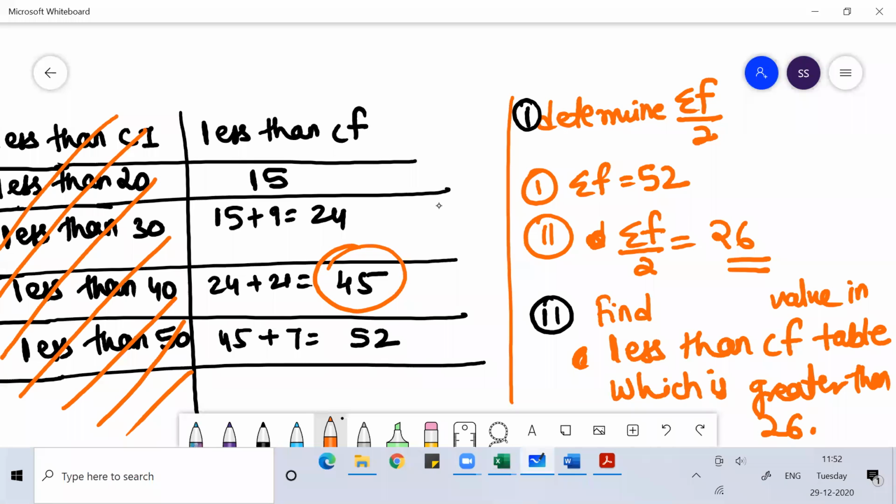So the first thing you got is the sum of f, which is 52. The sum of f by 2 is 26.